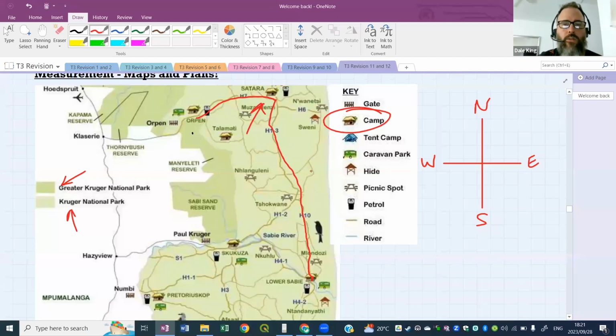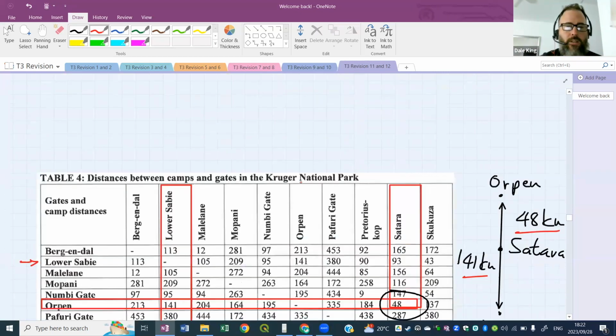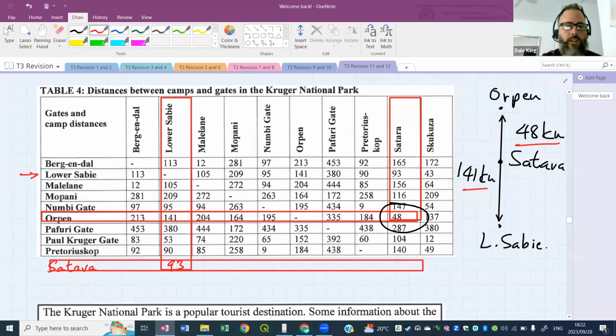If we knew what this was, we could prove it. We know this is 48. We know the whole thing is 141. So if we had this number here, and 48 plus that number equals 141, then we could prove it. Unfortunately, we don't have that Satara on our table, so we couldn't really do it, but I would say yes. I would say yes in this case.